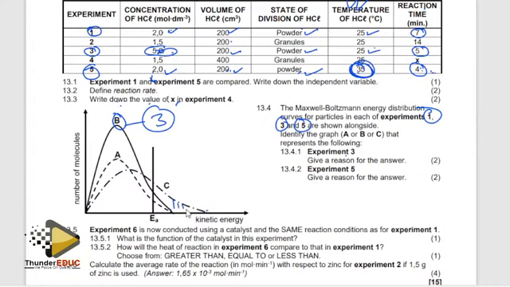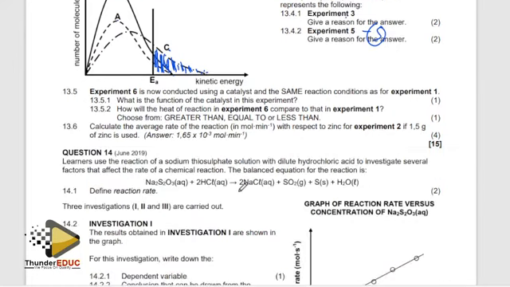You see, these are the particles with sufficient energy. Don't forget, they can ask you what this shaded area is. These are particles with sufficient energy to react. So automatically C is going to be reaction 5. Why? Because it completes the reaction very fast, and also has the high temperature. It means that the particles have sufficient energy to react. Do you understand? Yes. So that becomes number 3. So it's cool.